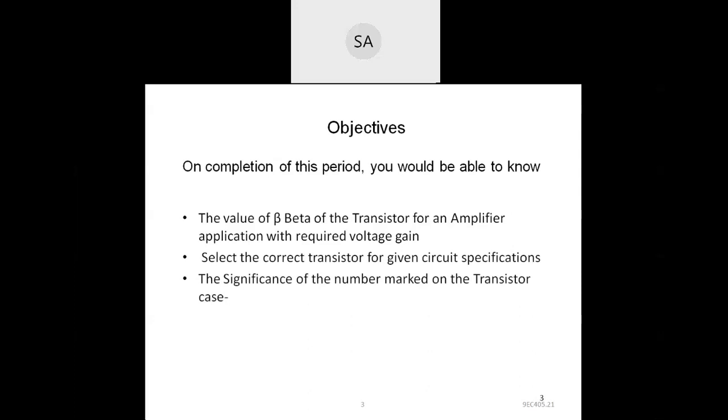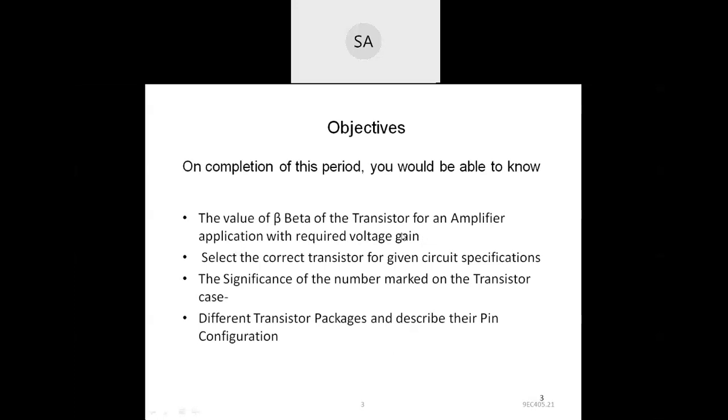When purchasing any transistor component, we identify the significant number on it. We will also discuss different transistor packages and describe their pin configurations. These are the topics we are going to cover in today's lecture.